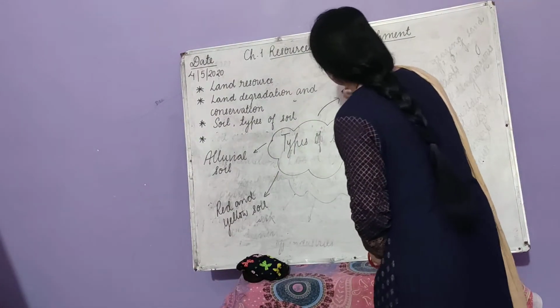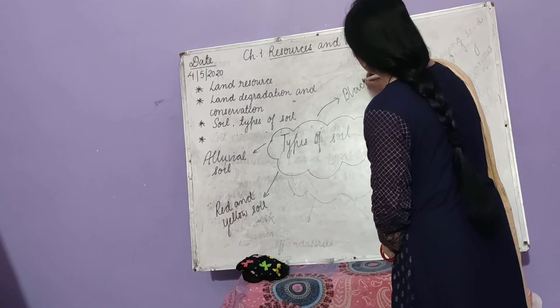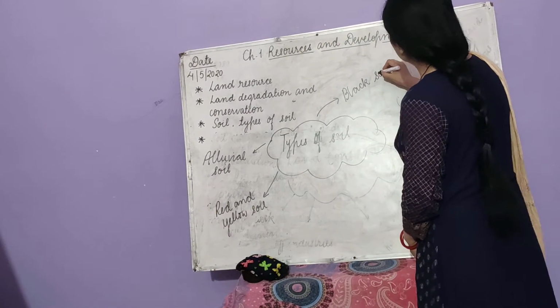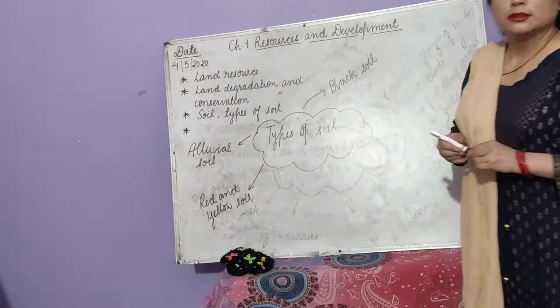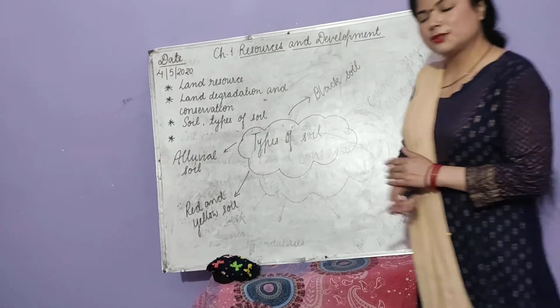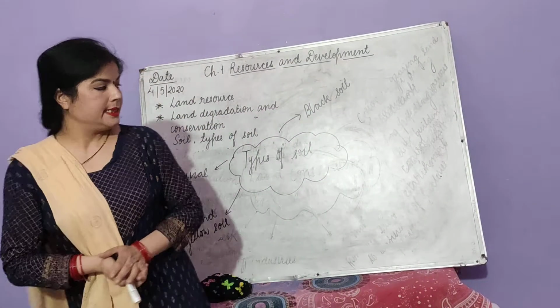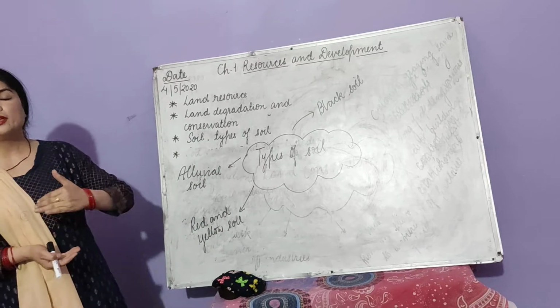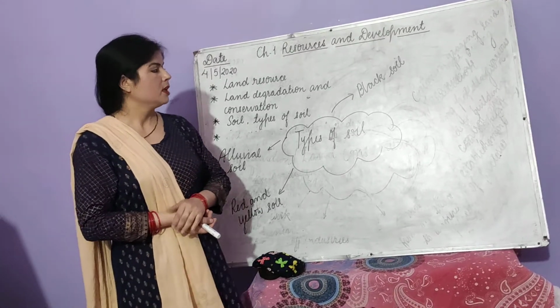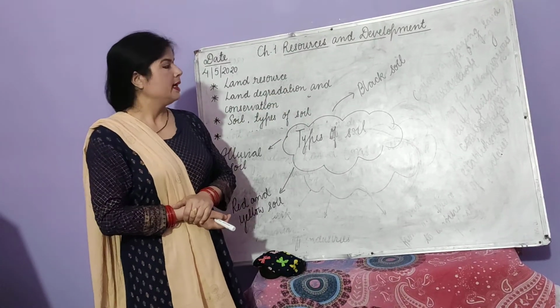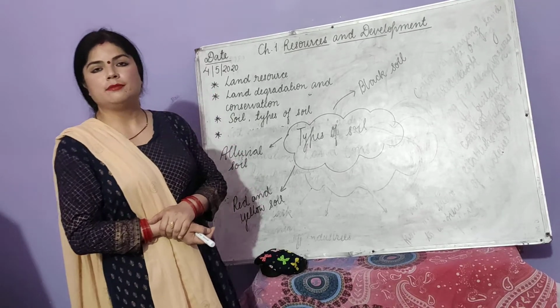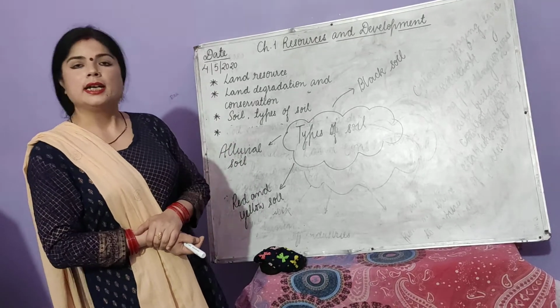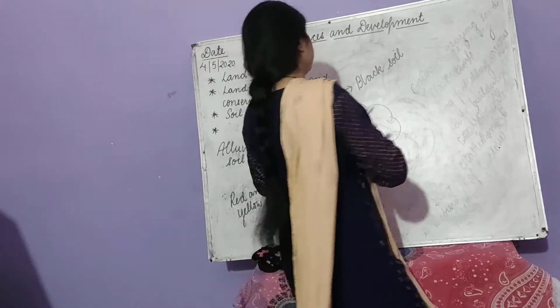Next is black soil. Black soil is known as regur soil also, and it is very, very helpful for the production of cotton. The soil is black in color, and this soil we find in Maharashtra, Saurashtra, and different areas.